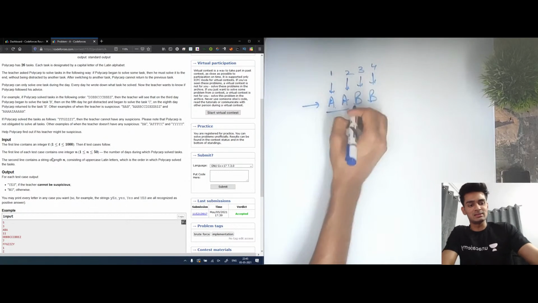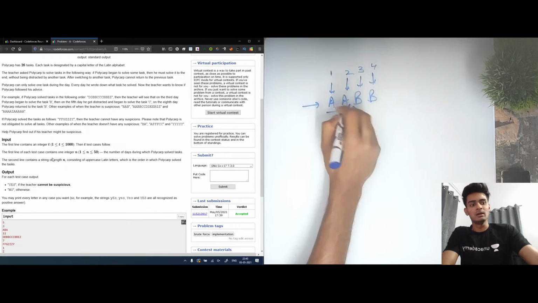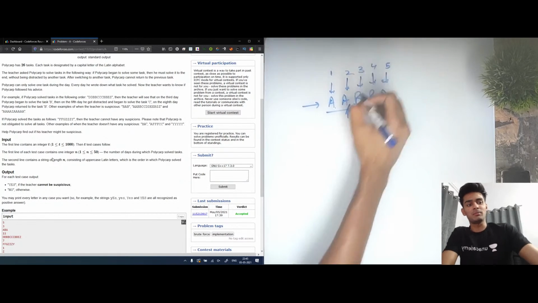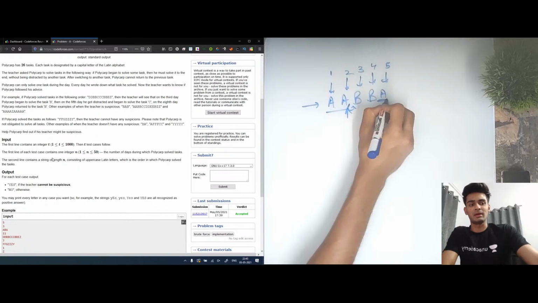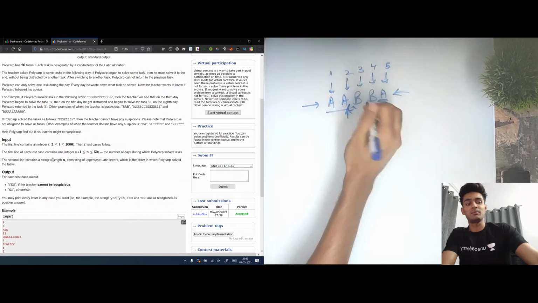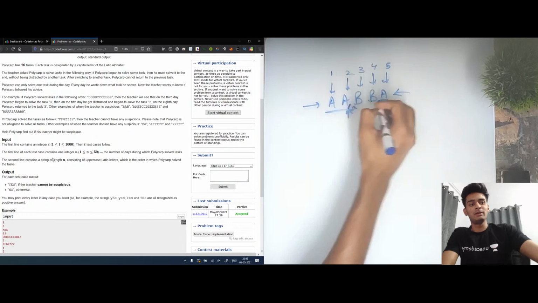So there is a possibility that Polygraph completely solved problem A and then started problem B. But what if we had A here as well? This tells us that on day 5 he again started solving problem A. This becomes a suspicion for the teacher, because she can tell that Polygraph did not solve the complete problem A on day 2, and we need to avoid that.